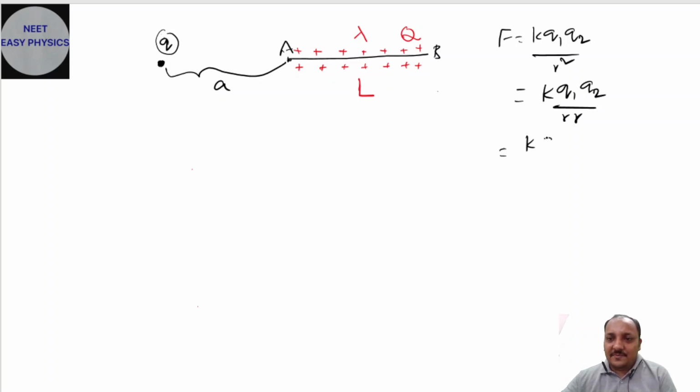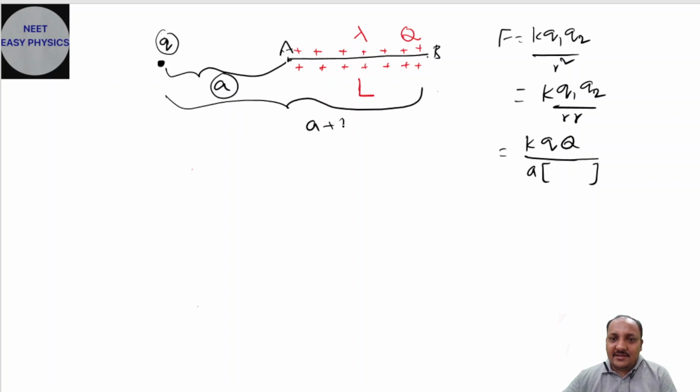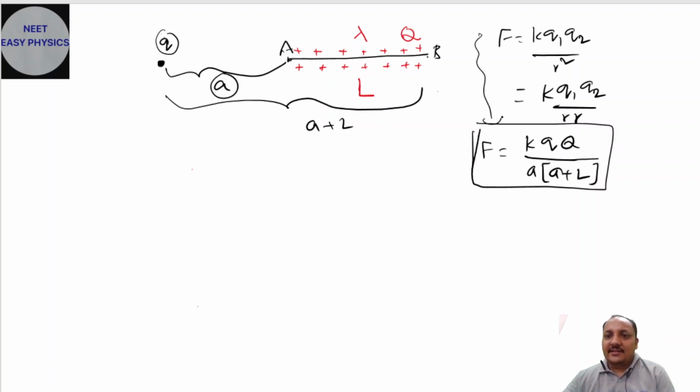Small q. What is Q2? Capital Q. What is the first R? A is at a distance small a. The other one, B is at a distance A plus L. This is the answer. This is the shortcut we can get.